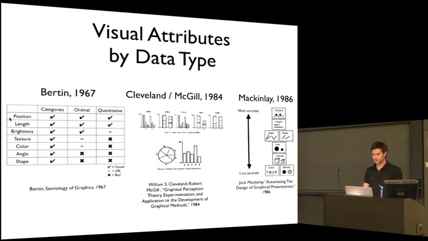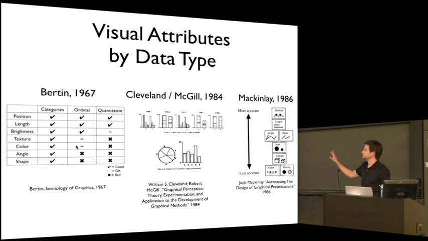Something you really should remember is that position is always the strongest, independent of the kind of data that you have. Color, for instance, works for categorical, nominal data, but it doesn't work for quantitative data. And we will see some examples later on.